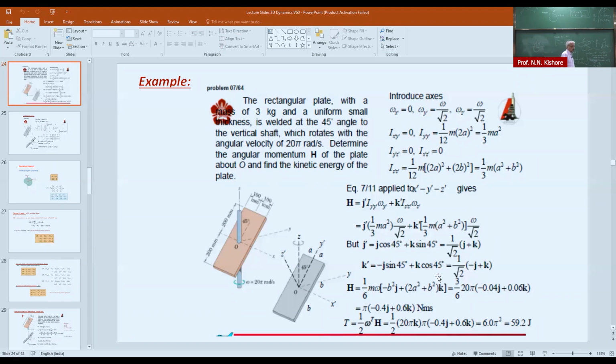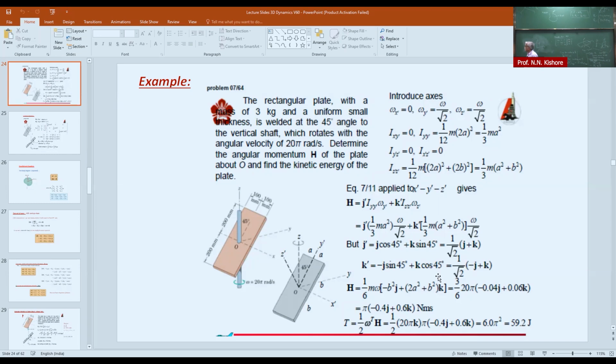So here we have all kinds of inertia terms. Let us just see. Here we have chosen x prime, y prime in the plate, and z prime perpendicular to the plate, but the axis perpendicular to the plate doesn't coincide with the axis of the rod.